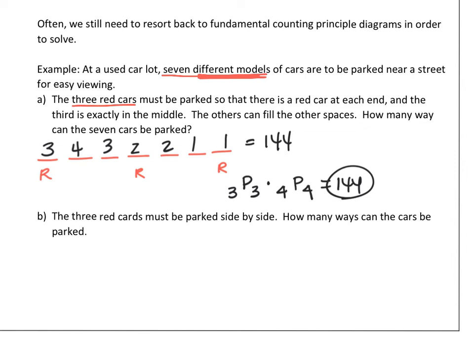Okay, so the way this works is I could have my 3 reds and then 4 other cars. Or I could have 1 car and then 3 reds, and then 3 cars. Or 2 cars, my 3 reds, and then 2 more.